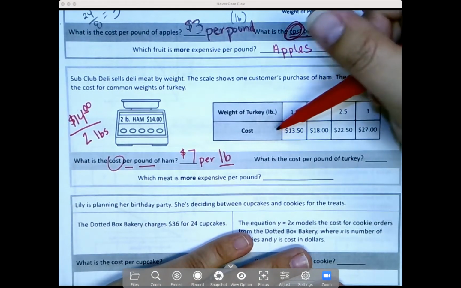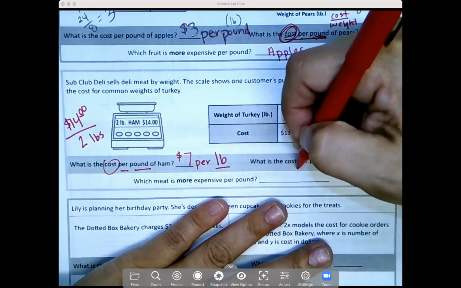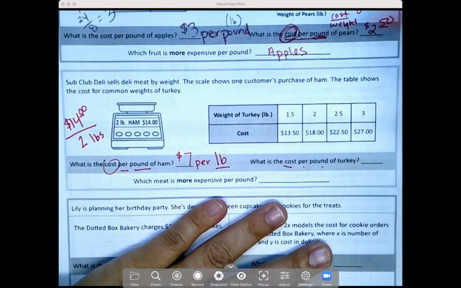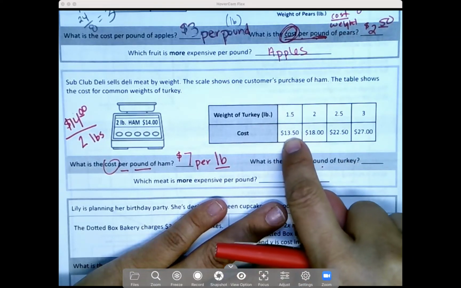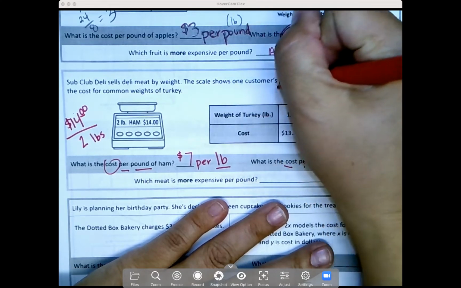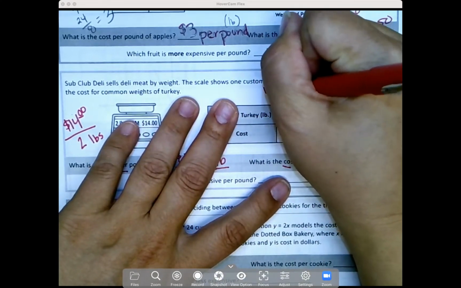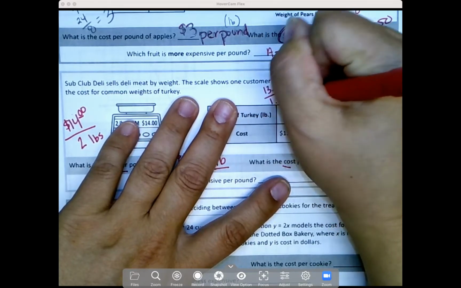Here then, okay, the weight of turkey and the cost. They want to know cost per pound. So it's going to be this value here, 13.50 divided by 1.5. Okay. So I have 13.50 divided by 1.5.